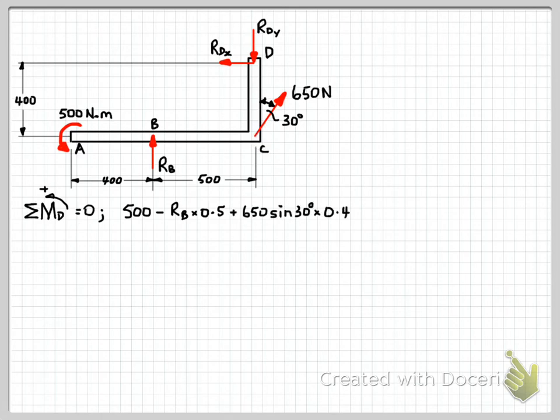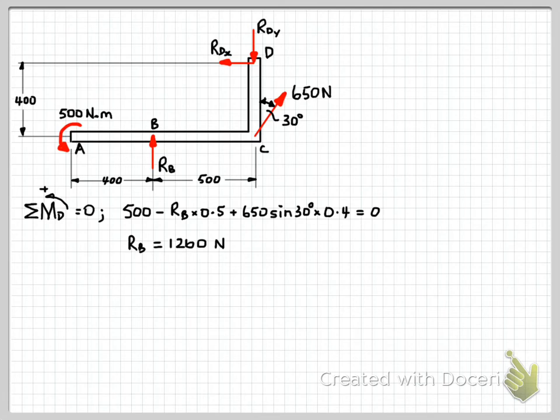So 650 sin 30 times 0.4, and all of that is equal to 0. Okay, so we can see that we end up with one equation, one unknown, which is our reaction force RB. So doing our algebra, we can find that RB is equal to 1,260 newtons.